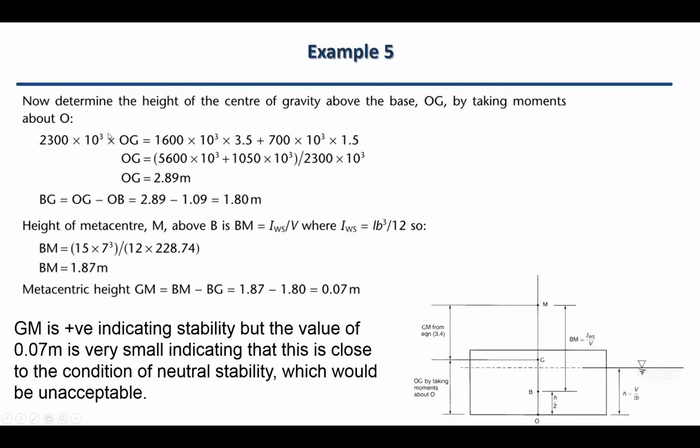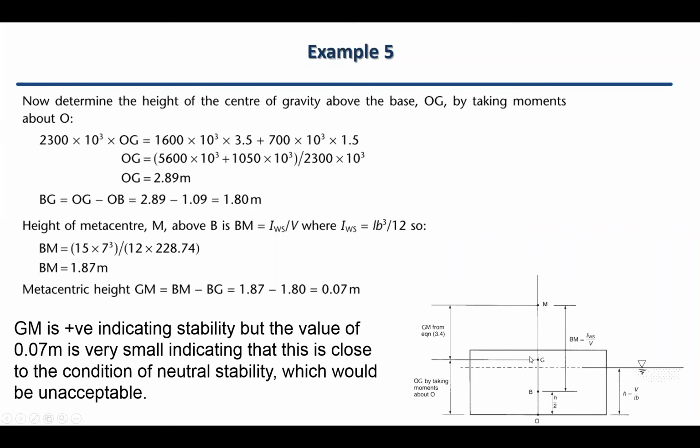On the left hand side, OG is the resultant center of gravity times the overall force. The total force is equal to both weights together, which is 2,300,000. If you rearrange the left hand side coefficient to the bottom of the ratio on the right hand side, you can easily calculate OG, which is equal to 2.89 meters.